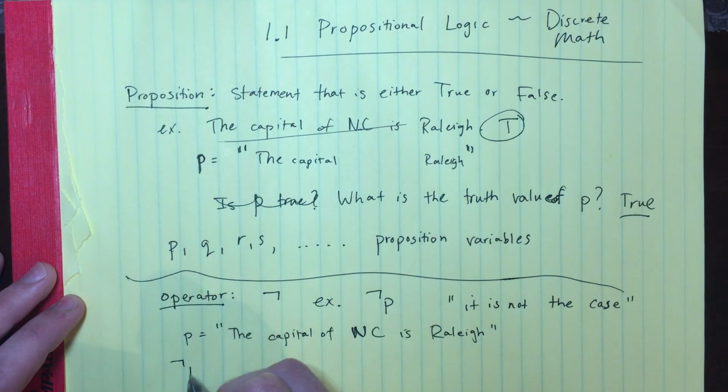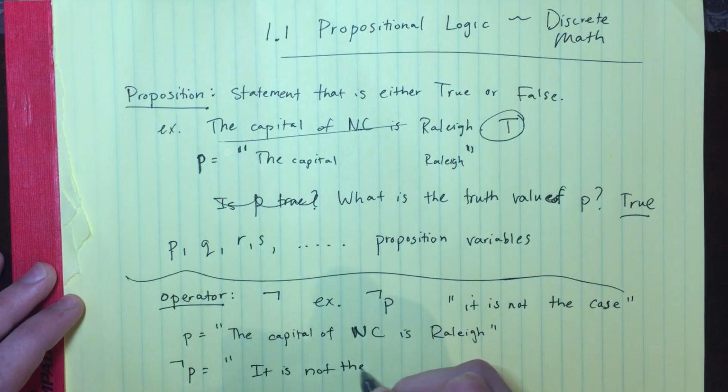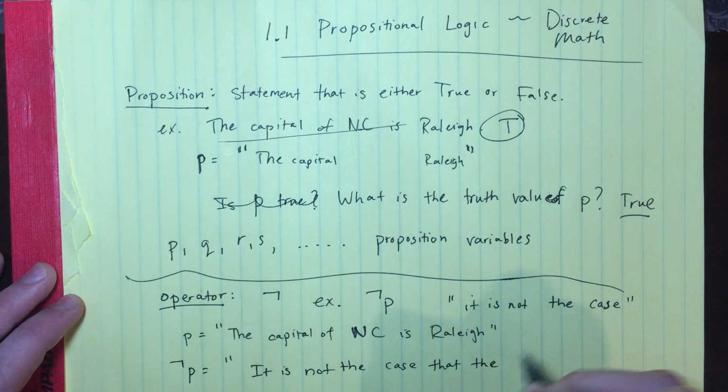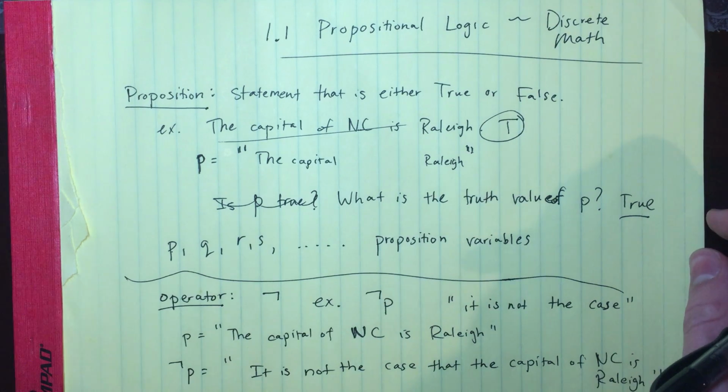Then not P is equal to it is not the case that the capital of NC is Raleigh. So you just add it is not the case, or you basically negate the whole thing. So that's an operator.